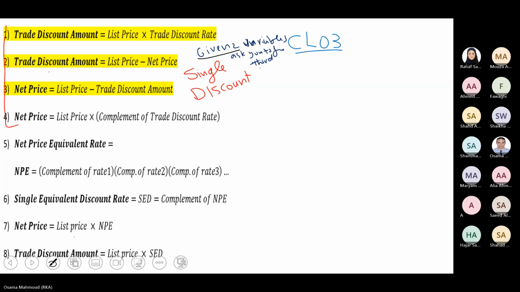Now, the net price and the trade discount amount for the other four, this is for the chain discount. Here in the chain discount, you cannot use one formula to find what you are looking for. In general, this NPE, net price equivalent, should be calculated even if he's not asking you to calculate it, right? Why is that?